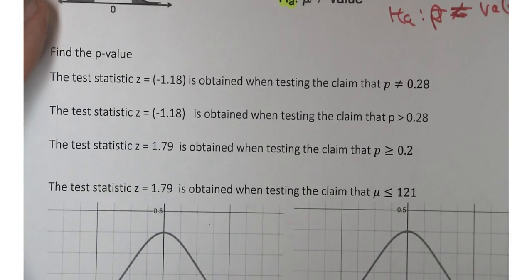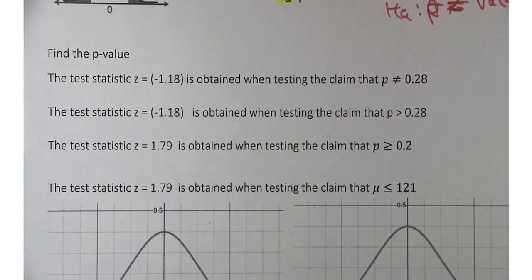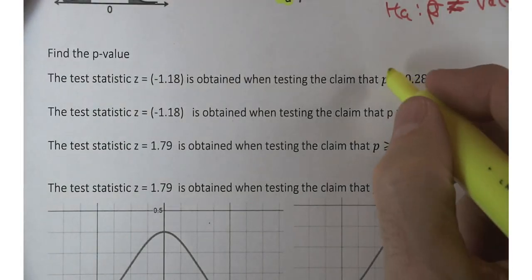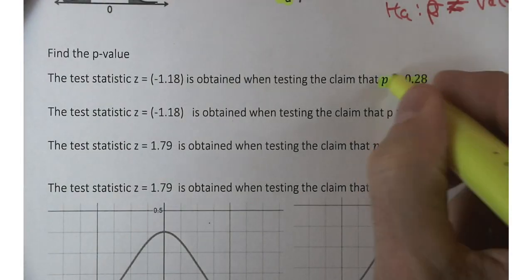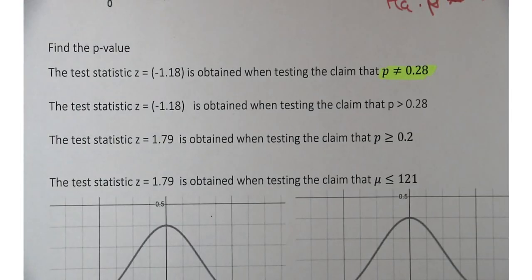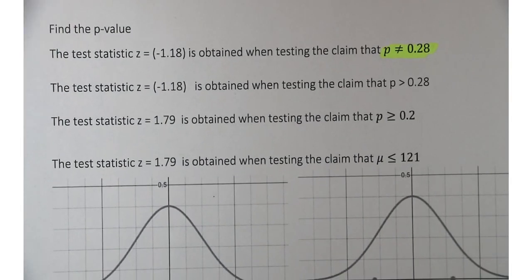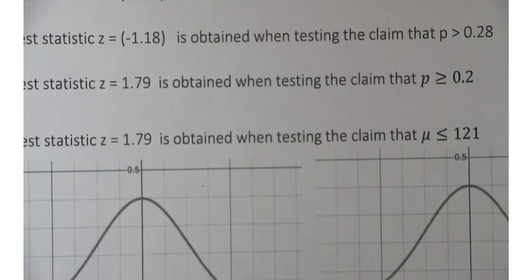That means we got to set up a null and alternative hypothesis first before we can actually make any headway on these types of problems. So let's take a look at the first one. Our original claim is this right here. So let's see what that's going to mean for us in terms of a null and alternative hypothesis first.